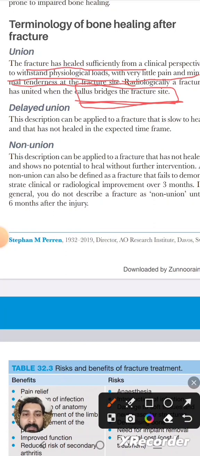Delayed union is when the fracture has failed to unite in the expected time frame. For example, we expected that the fracture would unite in 3 months and it has not united in 3 months. We say there is a delayed union. And what is non-union? Non-union is when the fracture has not healed and has no potential to heal without further surgical intervention.